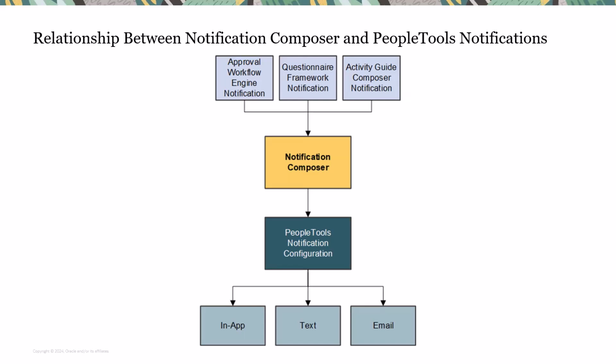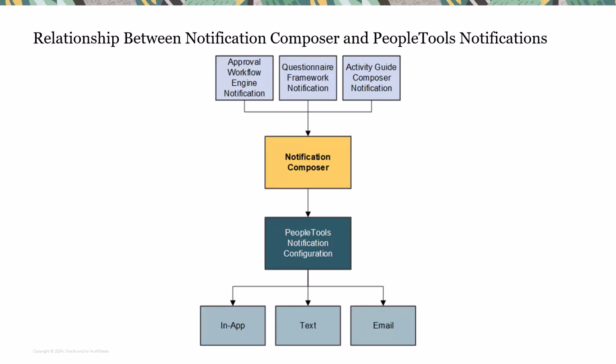And so PeopleTools has a layer, as I mentioned before, and Enterprise Components now has a notification layer. PeopleTools is the one that determines, okay, is the user going to get an in-app text or email? So we leverage all of the PeopleTools notification configuration in our setup of Notification Composer.